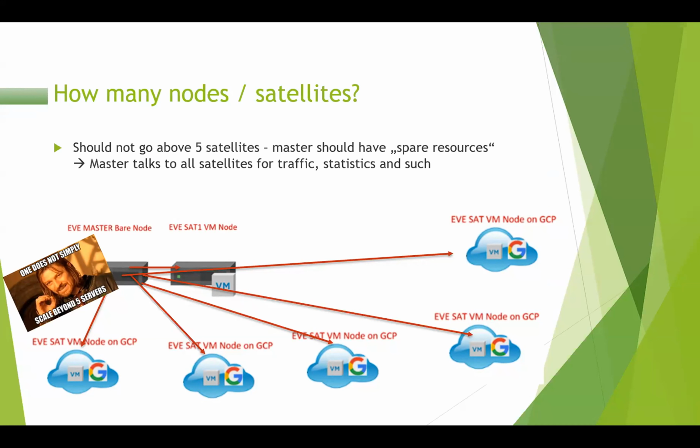So the more you introduce, the more power your master needs to maintain all these connections. So since the master talks to all these satellites for the statistics, if you add too many satellites, your master can become quite slow. So again, look at your server specs.